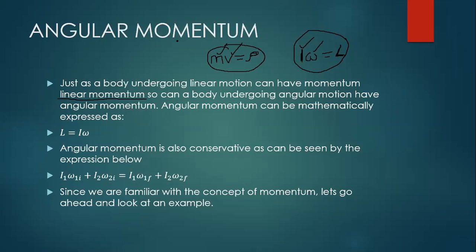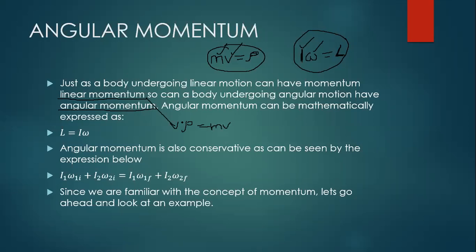But for today, we are looking at angular momentum and comparing linear momentum to it. Linear momentum is given by the symbol rho, and it is just the product of mass times velocity.